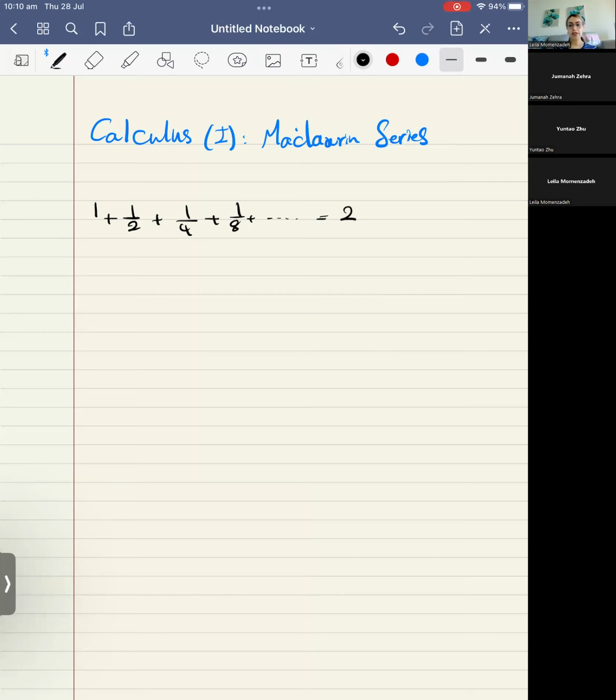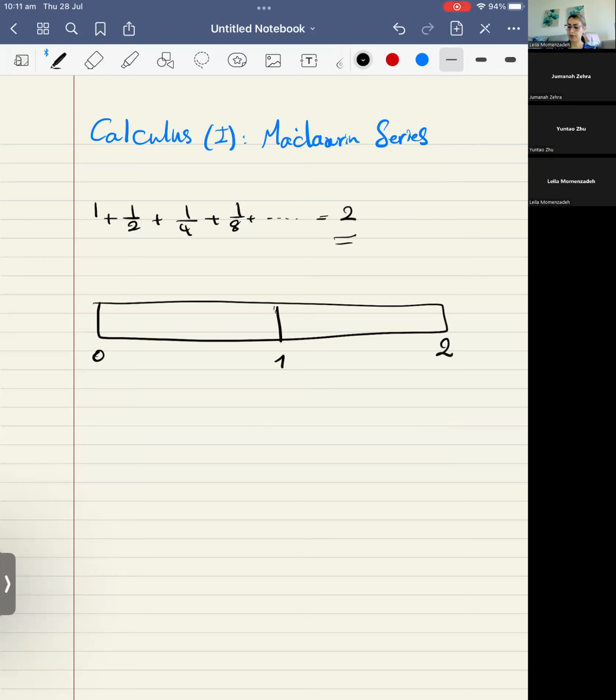This series converges. Why? Because the result is 2. How can we think about this series? For example, if you have these two rectangles, starting from 0, 1, and 2. 1 means this part, 0 to 1.